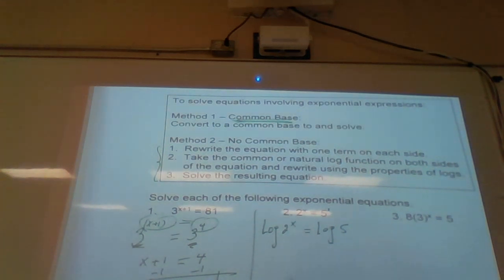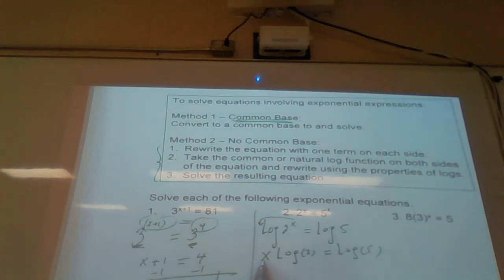When we took the log on both sides, now I have a logarithmic equation. The power is x. Remember, if you have a power, you can bring it to the front. So that's x log of 2 equal log of 5.